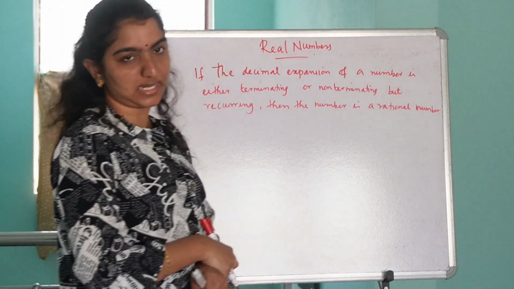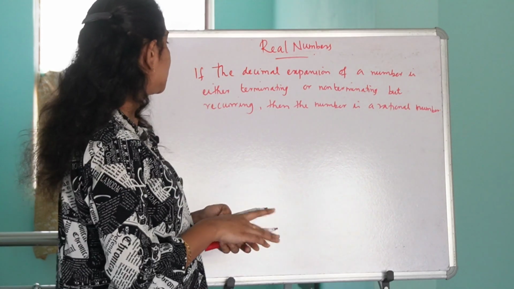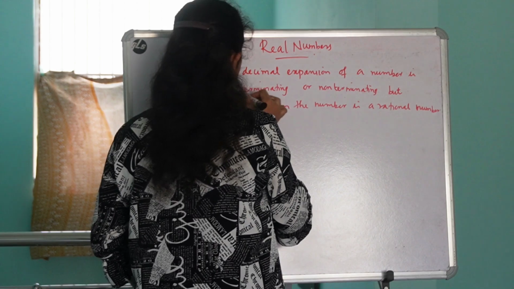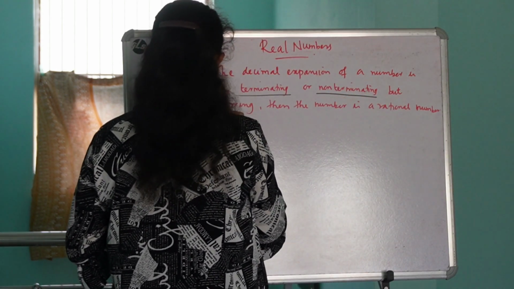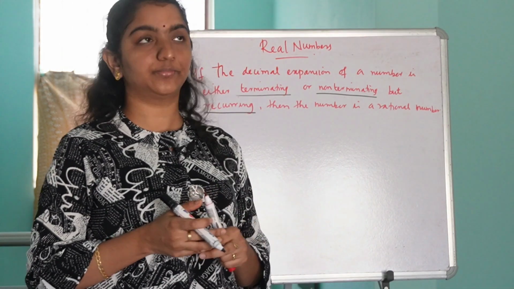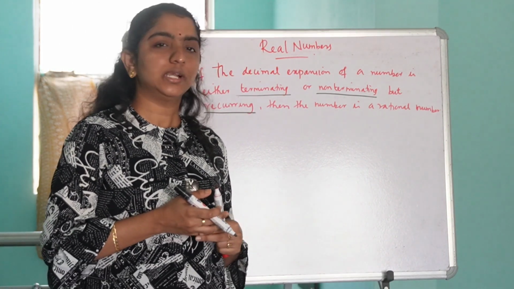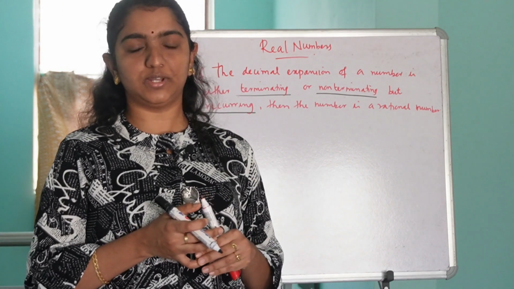Now let's understand some terms given in this point. First one is terminating. Second one non-terminating. Third one recurring, and fourth one non-recurring. So there are so many types of decimal numbers.